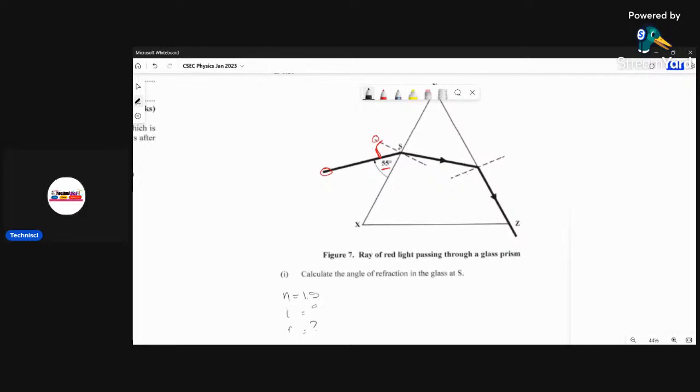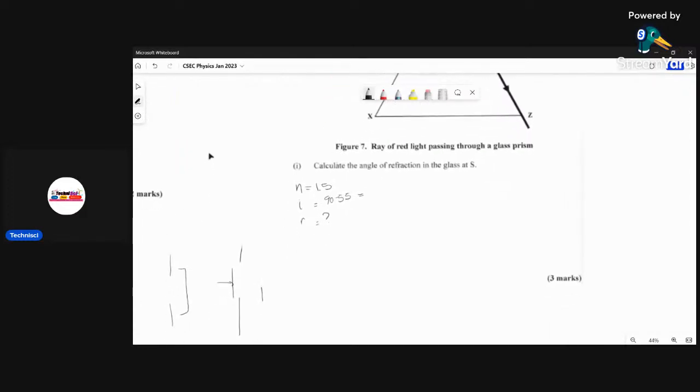It would be 90 minus 55, which is equal to 35. So that is our angle of incidence.